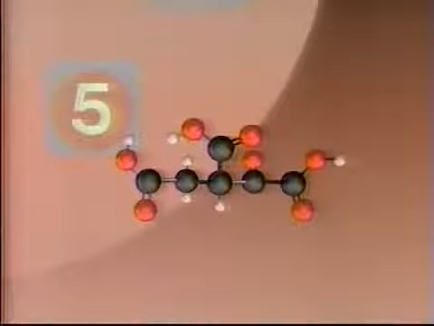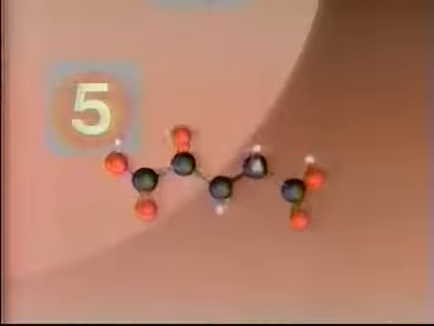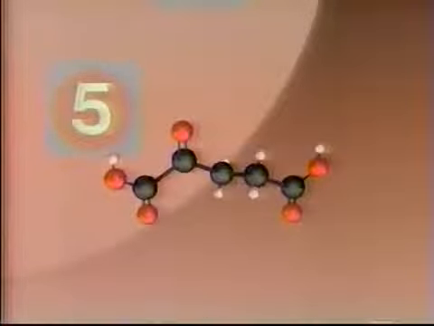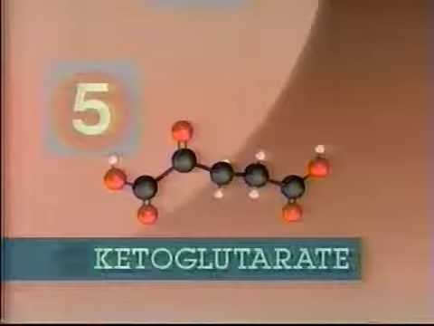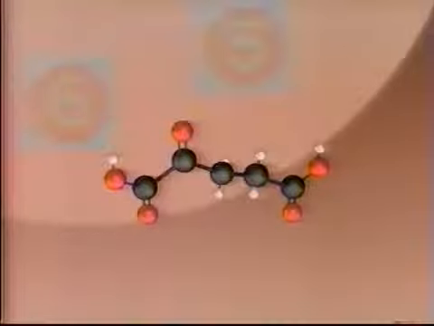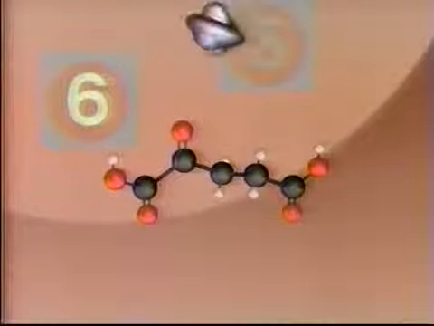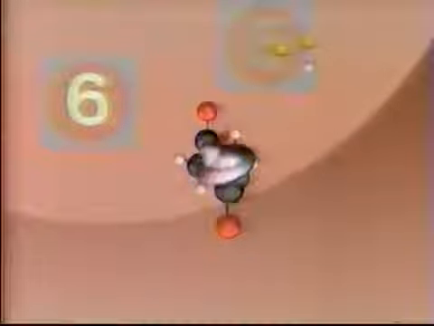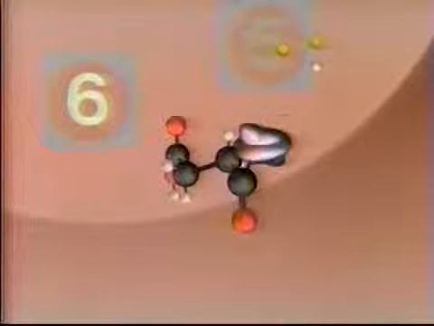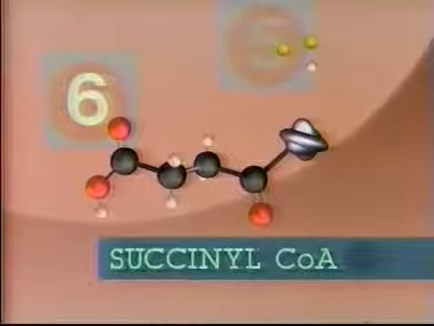Oxalosuccinate loses a molecule of carbon dioxide, forming the 5-carbon ketoglutarate. Ketoglutarate hooks up with the ever-present coenzyme A and releases 2 electrons, a hydrogen, and carbon dioxide to form succinyl-CoA.